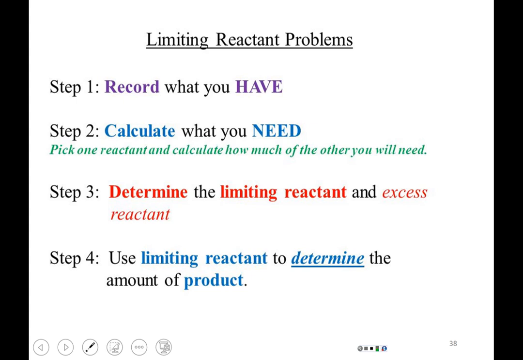Pick one reactant and calculate how much of the other you're going to need. Step 3, determine the limiting reactant and the excess reactant. So determine which is available in the smallest quantity. And then finally, step 4, you use the number of moles of the limiting reactant to determine the amount of product that can form.